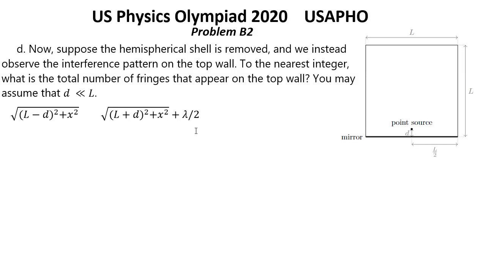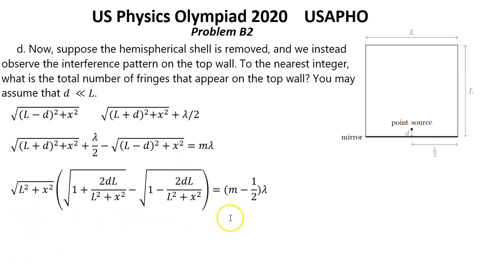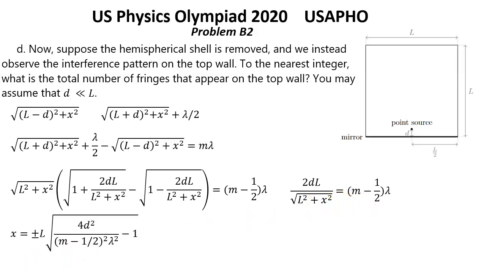Subtracting the two distances gives us roughly this expression, or using Taylor expansion, we have roughly this expression. Now we can again use approximation, and we have this one, and from here we can find x.